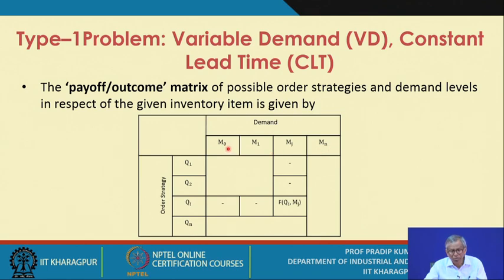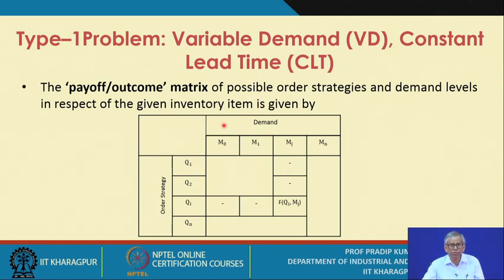That means the demand could be 0 units, or 1 unit, the demand could be the jth unit, or the demand could be n units. So this is your demand, and against this demand obviously the corresponding probabilities are known.